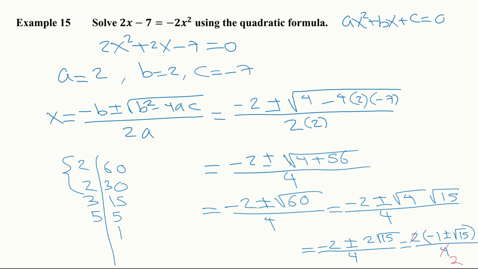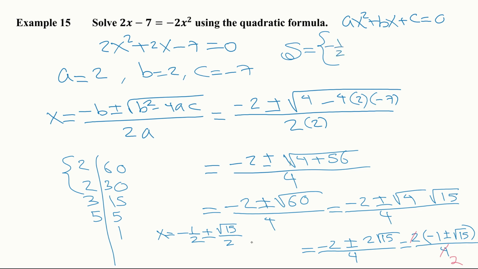So now I know what my solutions are. My solutions are x equals negative 1/2 plus or minus square root of 15 over 2. And if you want to write your solution set, you would just put that, or you could split them up.